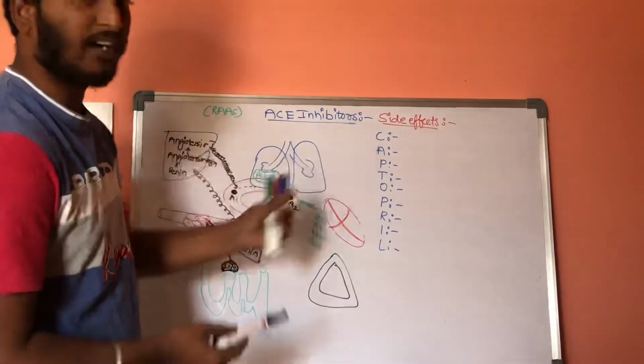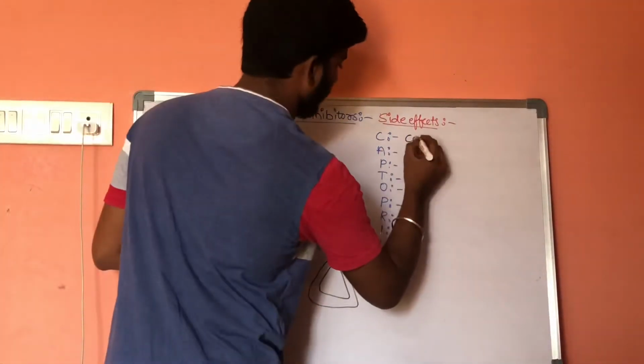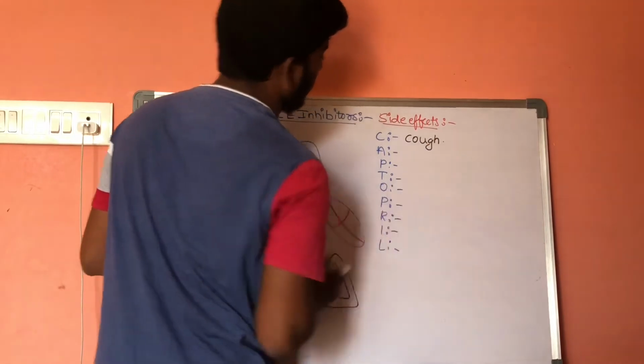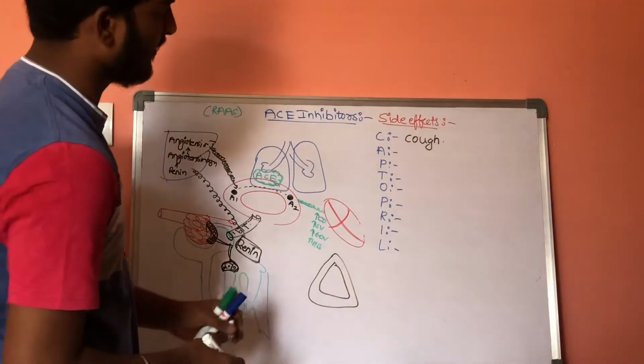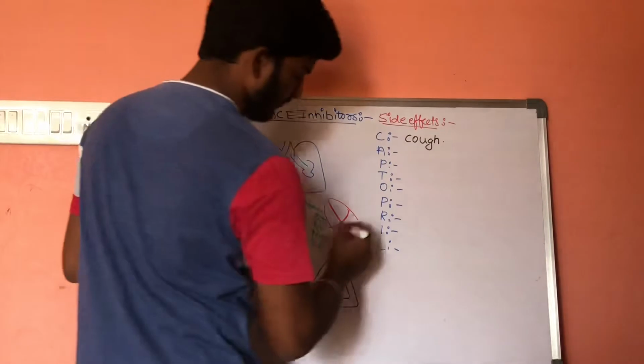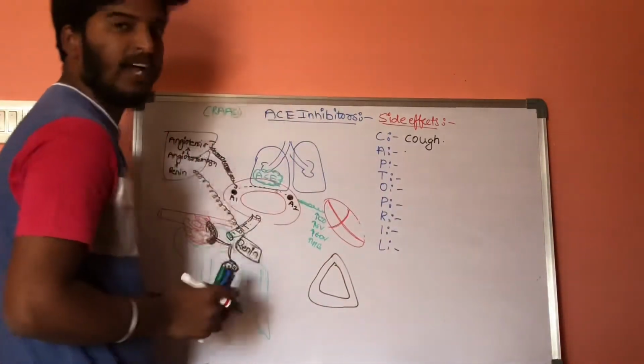First one is C for cough. Cough is the first side effect, and next one is A for angioedema.